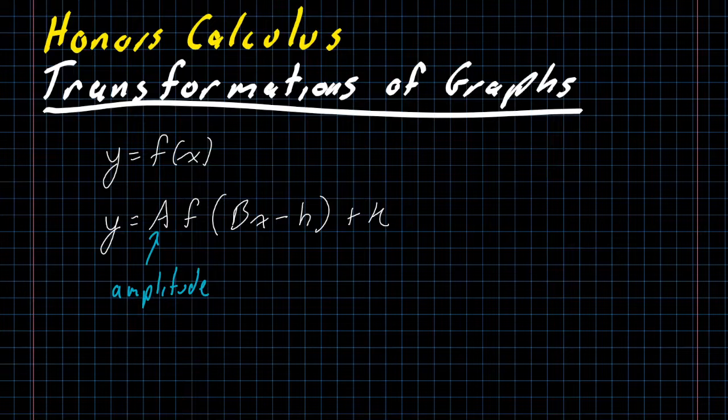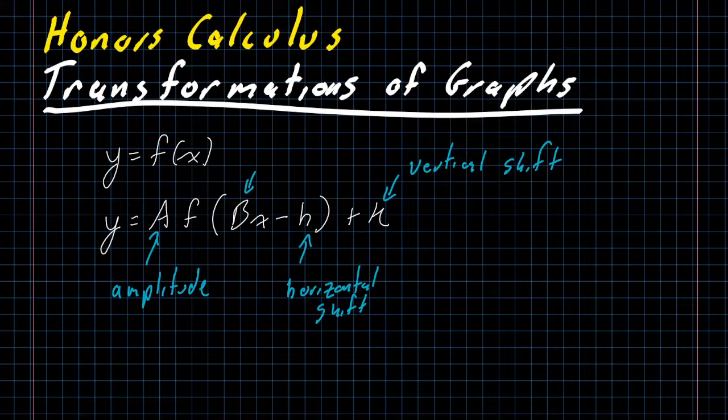I've never really found a consistent name for b, but h is going to be the horizontal shift, and k is going to be the vertical shift. Notice here that there's a subtraction sign next to the h. That is important. That is something that is going to make a significant difference in how we approach our graphing.